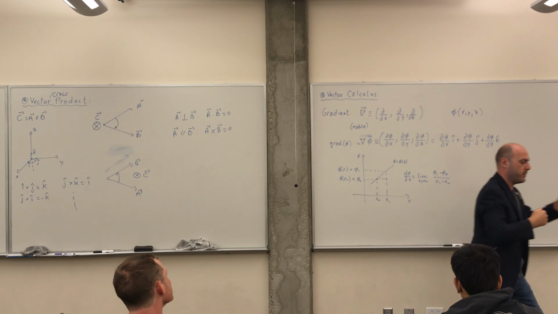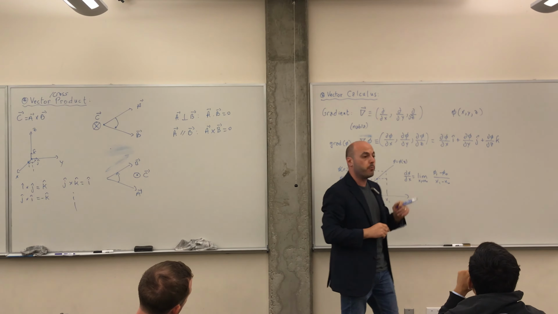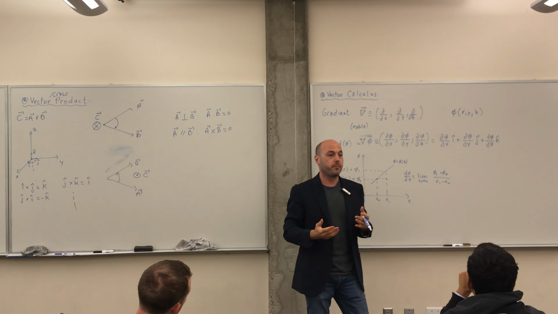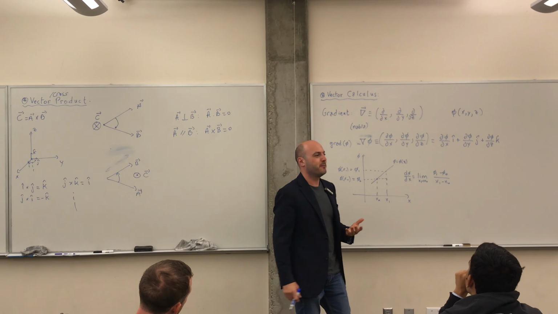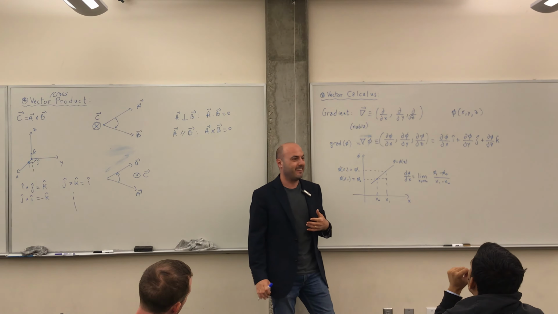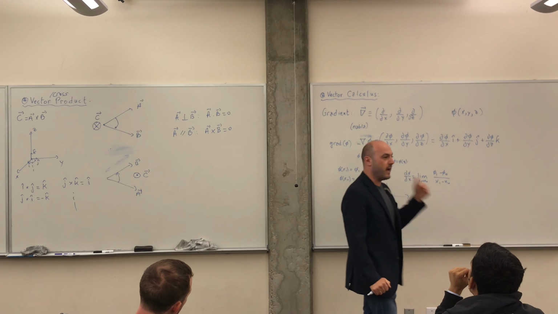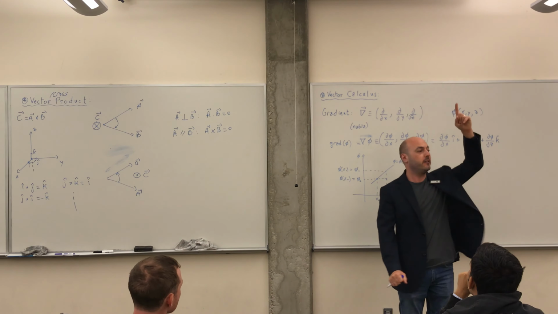If you move by 1 unit in the x direction, how much rise are you going to get? But it also has a very important property, and that's direction. So what is the direction of grad phi? Where does it point? It points uphill. Always, grad phi is going to point in the direction where we rise.